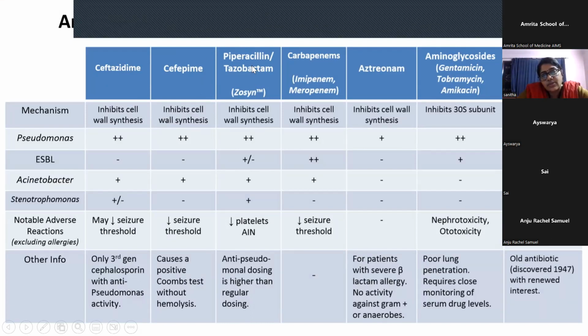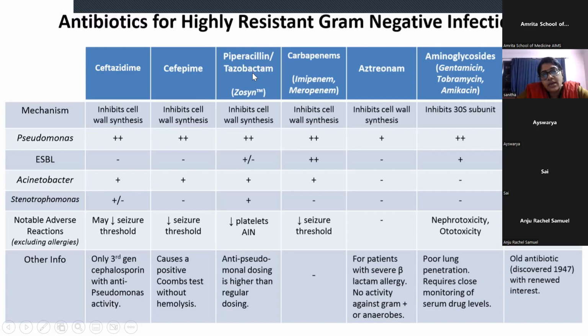Then there is piperacillin tazobactam, that is a ureidopenicillin beta-lactam combination, that is again cell wall synthesis inhibition. Then carbapenems, there is meropenem and imipenem, which is again cell wall synthesis inhibitor. So these are the beta-lactam antibiotics. And aztreonam, that is also a beta-lactam antibiotic which inhibits cell wall synthesis.